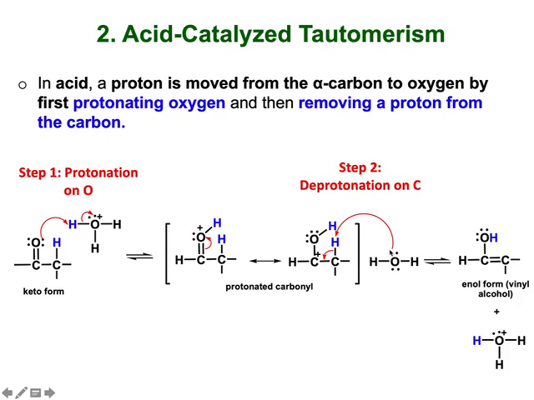Next step, this lone pair will abstract this proton to become hydronium ion, and this electron moves to here to become a pi bond. So this one is enol form. Enol form, or we call it vinyl alcohol, because it has a double bond and contains OH.